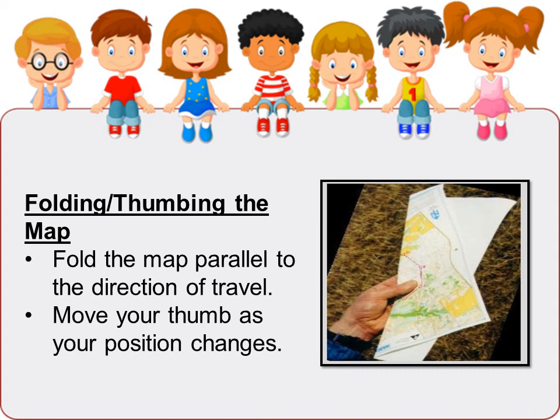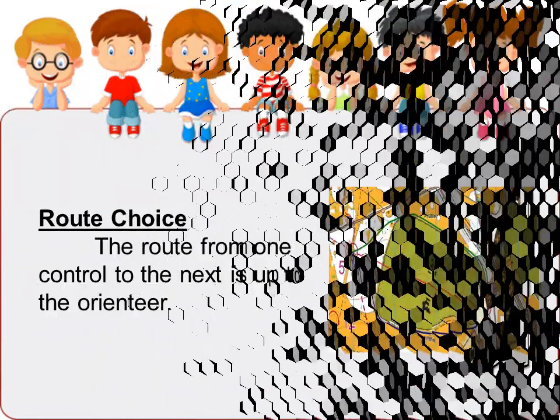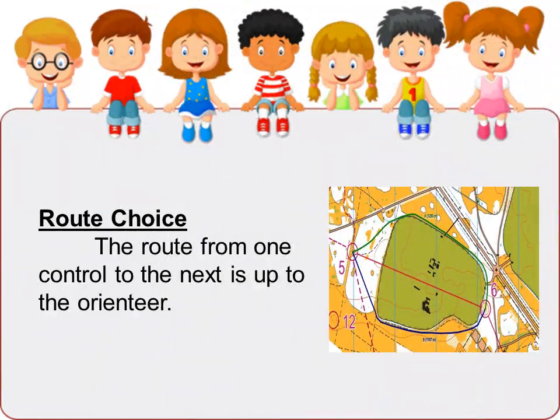Fold the map parallel to the direction of travel and move your thumb as your position changes. We have the route choice. The route from one control to the next is up to the orienteer.